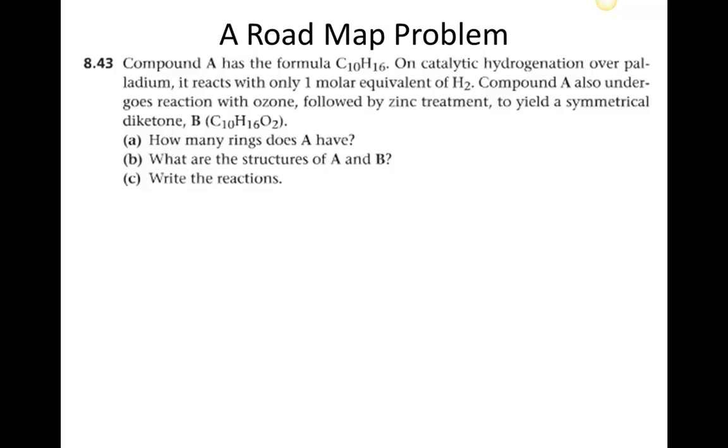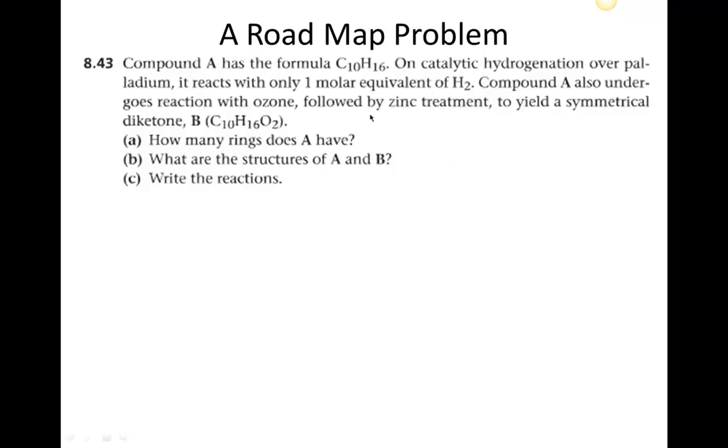So before you read any further, you can figure out how many points of unsaturation there are. And we also know that if you have any alkenes, you can do catalytic hydrogenation and turn alkenes into alkanes, but that won't affect rings.